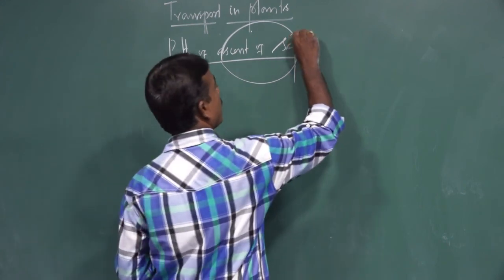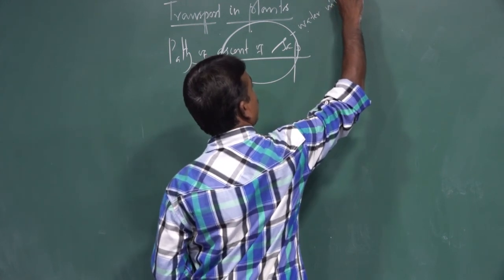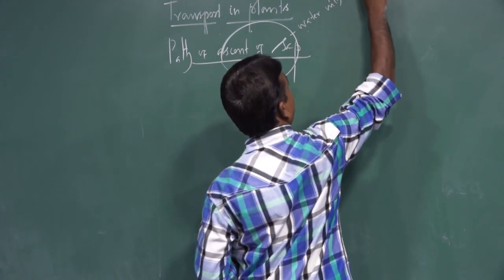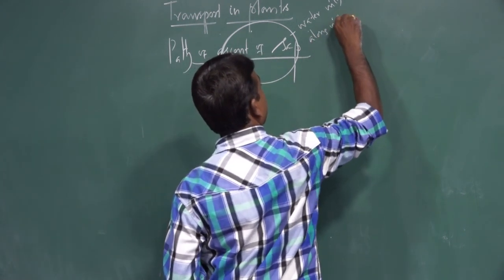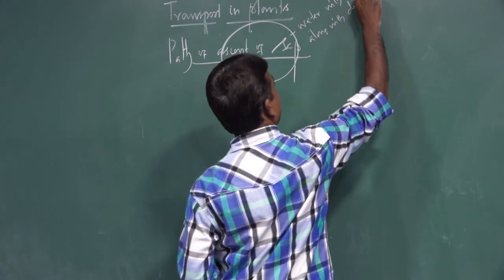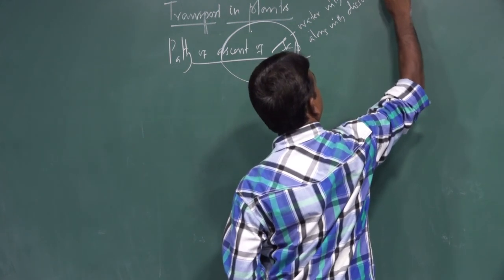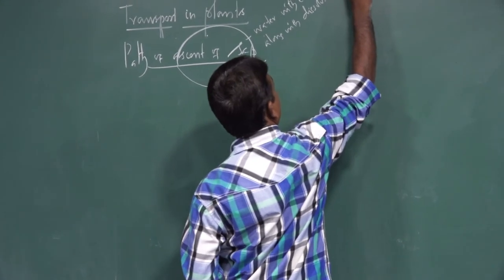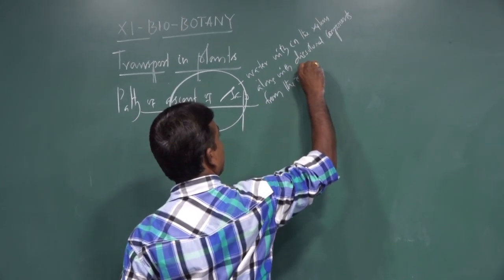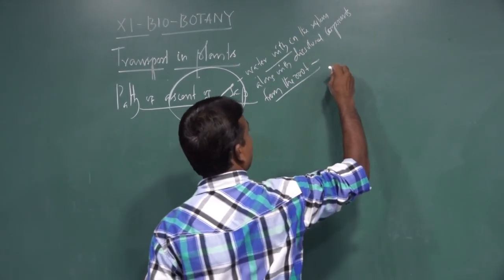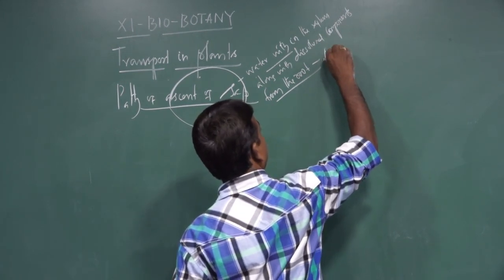That means water within the xylem, along with dissolved components from the root, moving upward. That is commonly called ascent of sap.